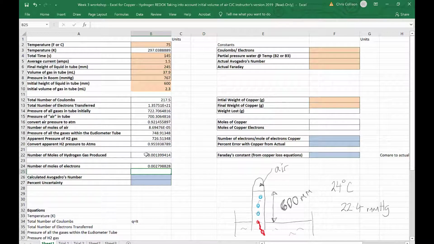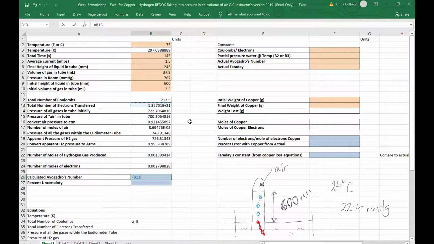Finally, we're going to calculate Avogadro's number. So of course we know how many electrons we transferred. Okay, we calculated that up here. So here's the number of electrons that were transferred. So that number is given up here.